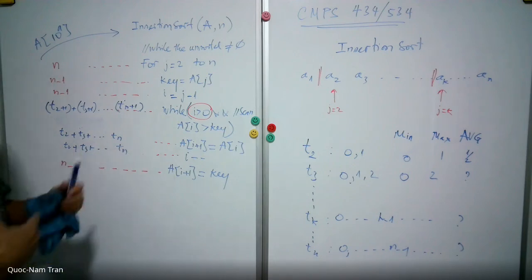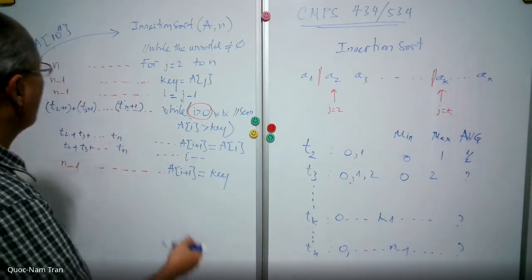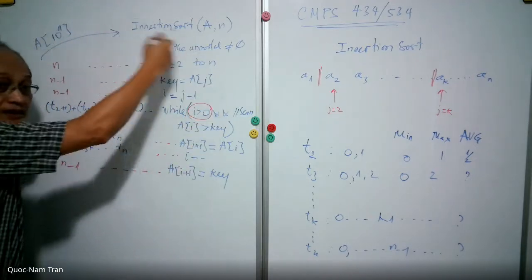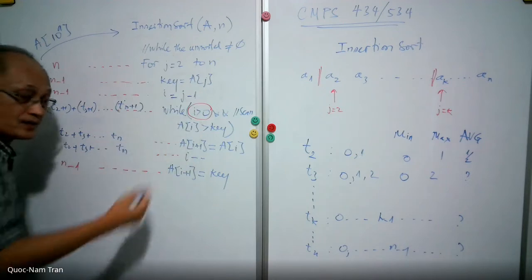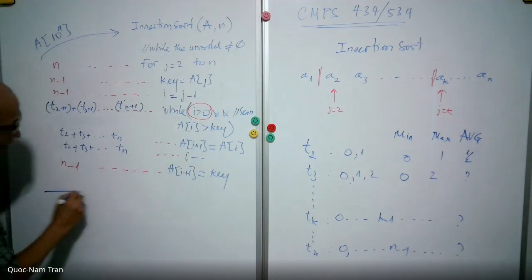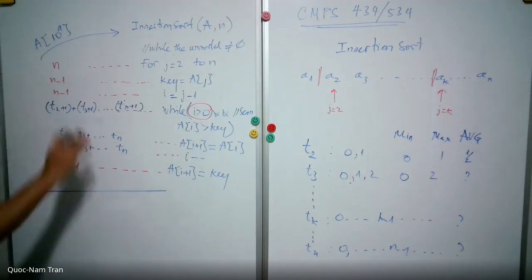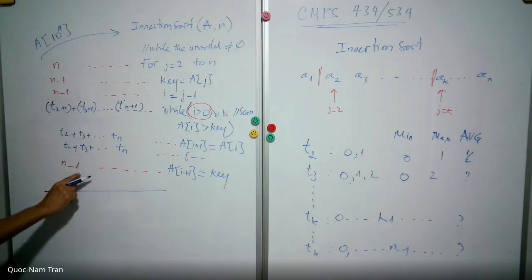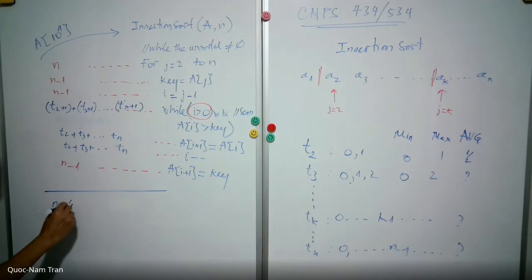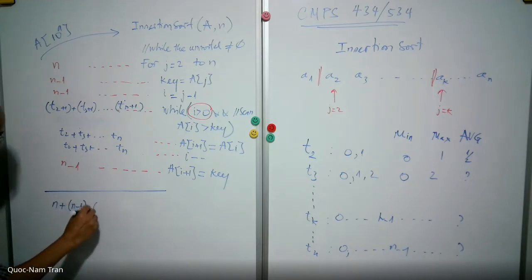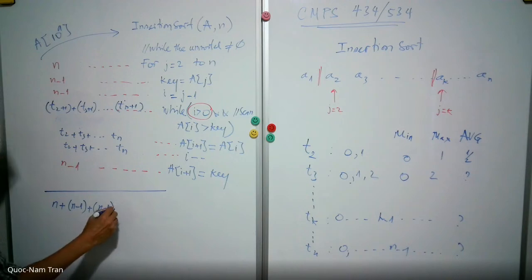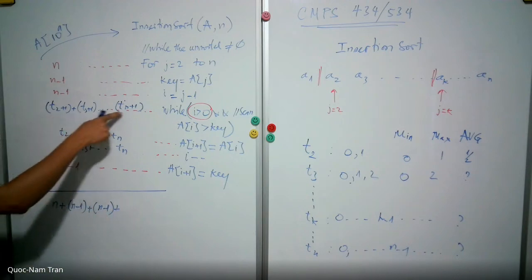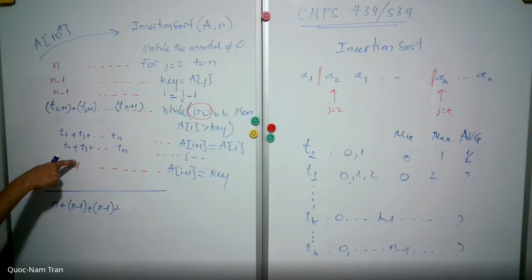So totally, how many steps will this algorithm take? We simply add them up. Then what we have is n plus n minus 1 plus n minus 1 plus n minus 1, plus this one and this one, right?